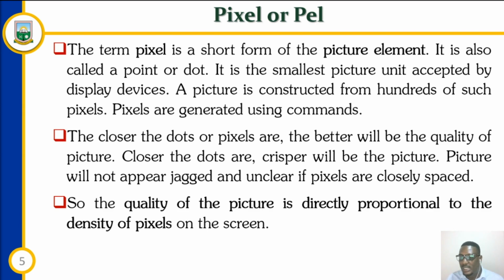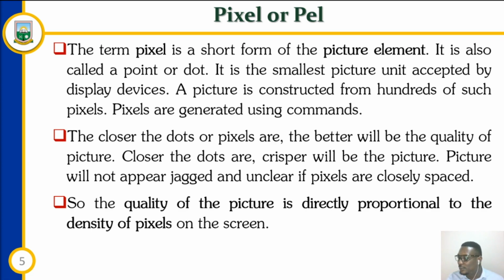So a 1080p monitor tells you that the picture or graphic object being displayed with this type of display unit has very high resolution, or a very high density of pixels. So you have lots of pixels coming together to display an image or an object on this particular screen.